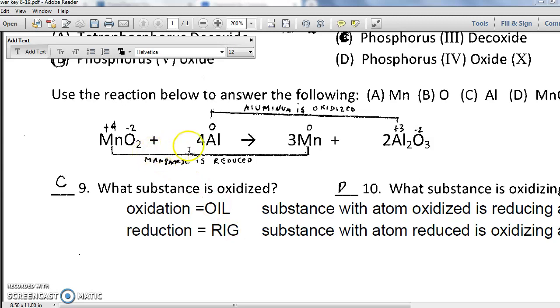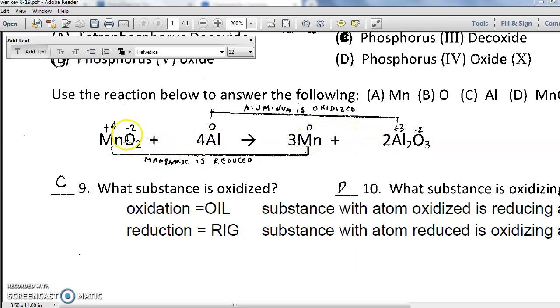So when we look at this reaction right here, we see compound, element, element, compound. So this can be correctly categorized as a single displacement. We have aluminum by itself, and apparently aluminum is going to join the oxygens and displace the manganese right out of that compound.